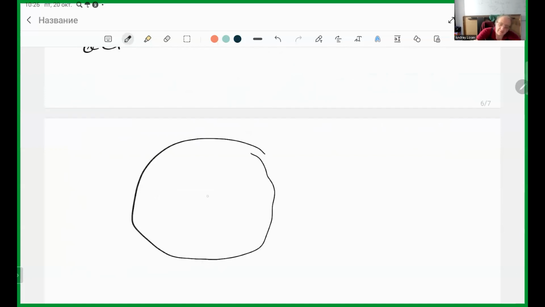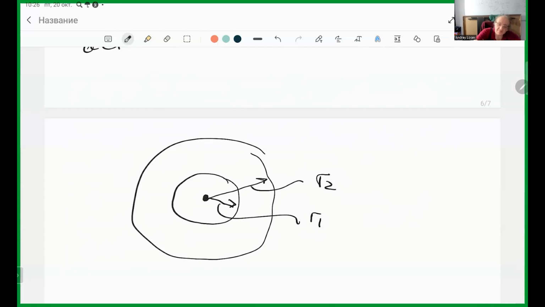So here I'll draw some pictures. So this would be R2. This would be R1. I'll have this point, and I'll take another point. So this point would be 0. This point I will call R1 over 2. Okay.